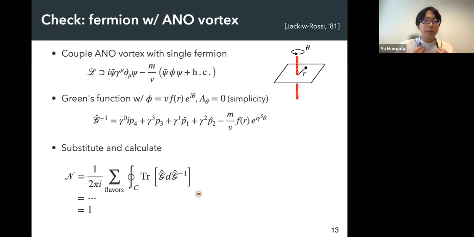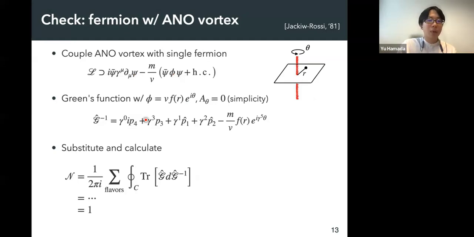So let's do some consistency check. As is well known, when we couple a Dirac fermion with a Nielsen-Olesen vortex, we have localized zero modes along the vortex string. So let's consider this coupling between the Dirac fermion psi and some complex scalar field phi, in this kind of vortex background.